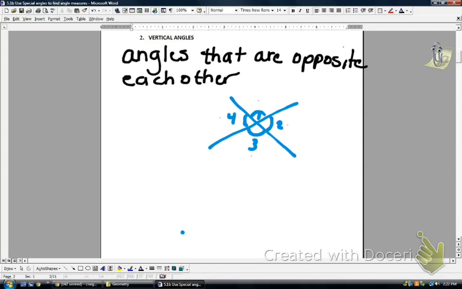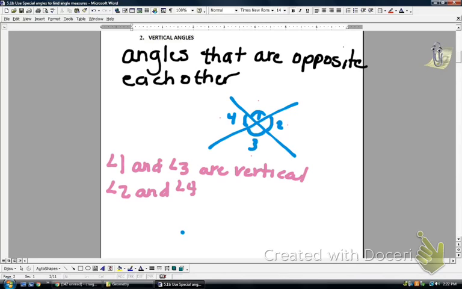And so when we talk about angles that are opposite one another, angle 1 and angle 3 are vertical. They're opposite each other. And then angles 2 and 4 are also vertical angles.